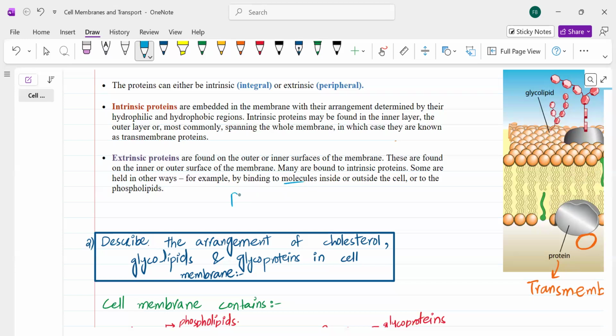If the protein is bound to a lipid, it will be known as lipoprotein, and if the protein is bound to a carbohydrate, it will be known as glycoprotein.